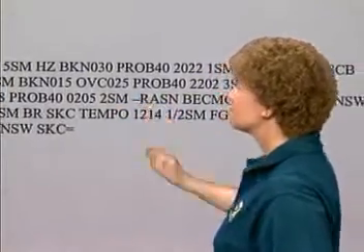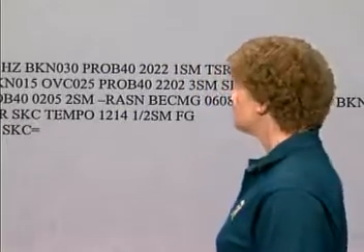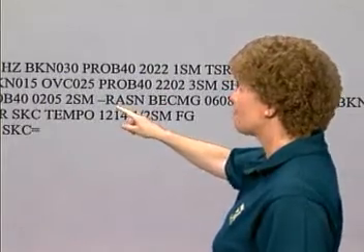Now the dash here means that the precipitation will be light, and it applies to the first precipitation given, which in this case is RA or rain. So you've got some light rain and some snow in your future.